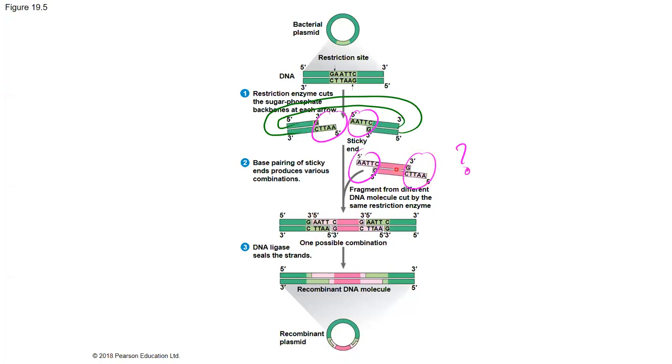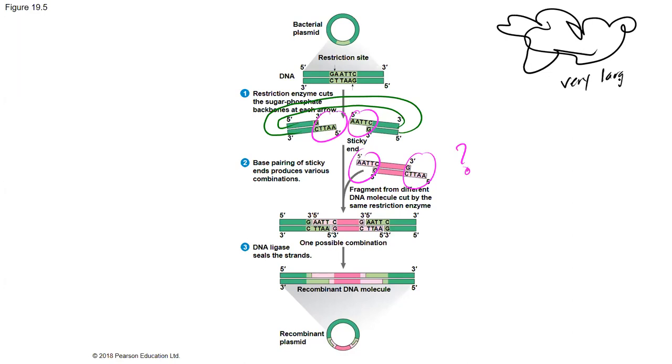We can obtain this DNA to be cloned by PCR. So the idea here is that you could have a very long, very large genome, and you want just to amplify this target sequence from the genome.